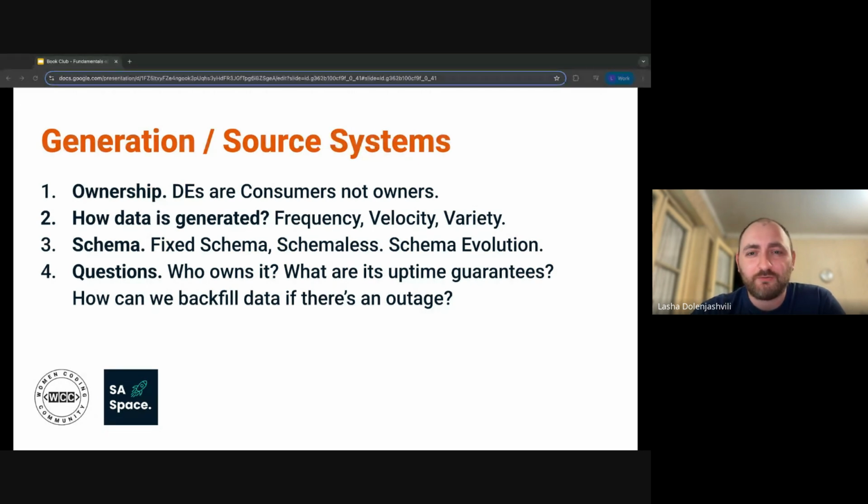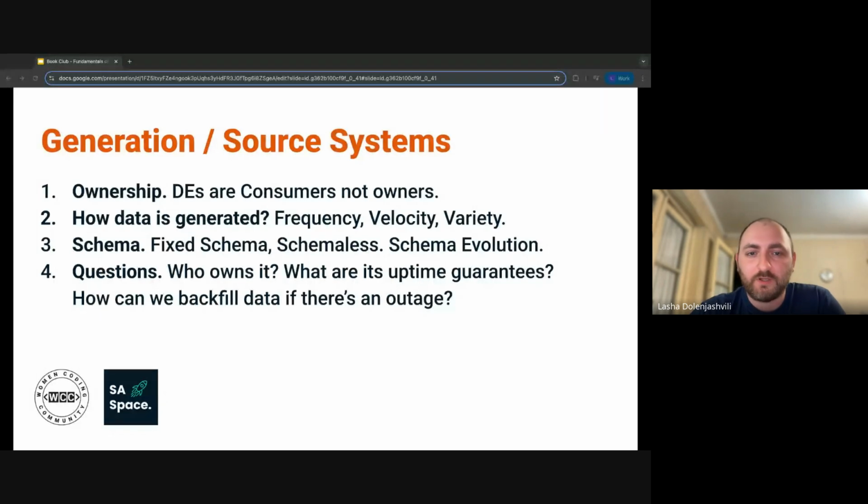Velocity is about the speed and volume at which that data arrives. Are we talking about a few kilobytes of data per hour, or gigabytes, or even terabytes of sensor readings every minute, right? Different velocity types require very different architectural approaches.